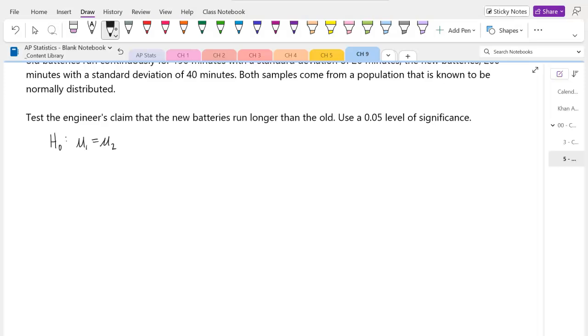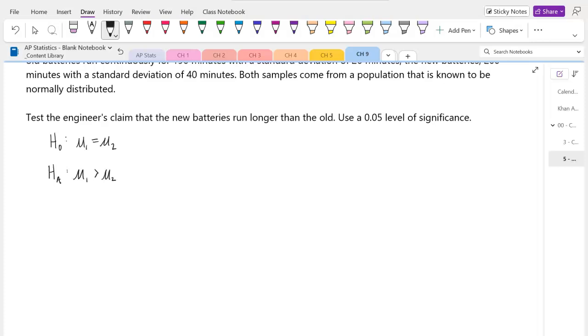I'll use 1 and 2. I'll say that 1 is the new battery and 2 is the old battery, which I will label in a second. Now, what we're doing is we're testing the engineer's claim that the new batteries run longer than the old. So that would mean that this is better than that one.